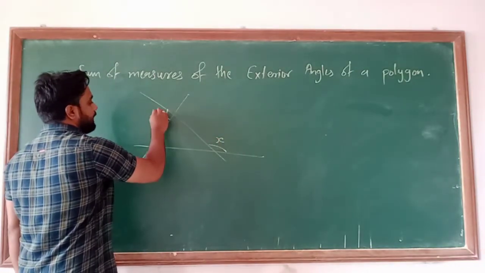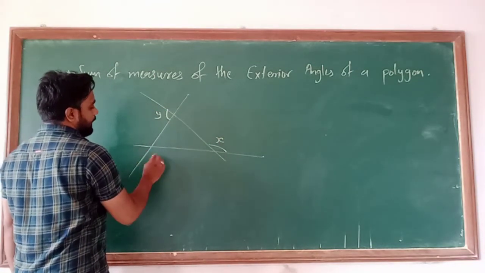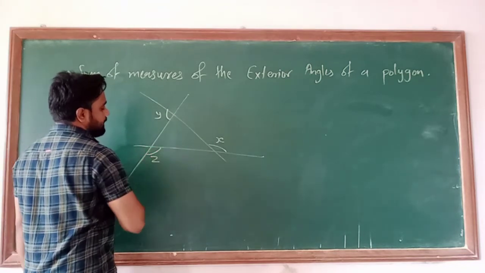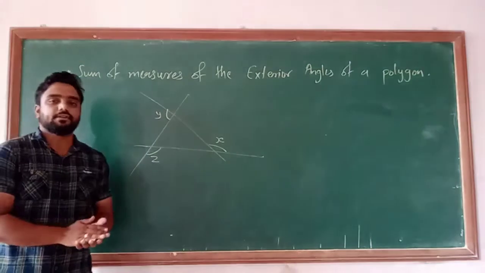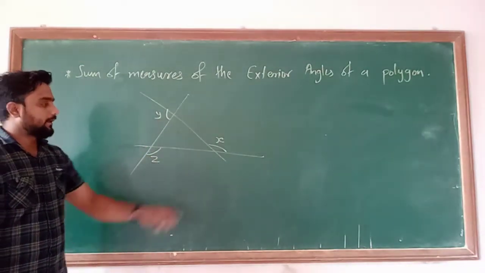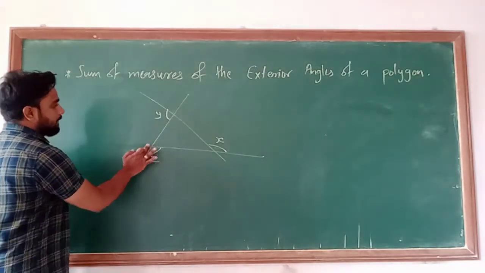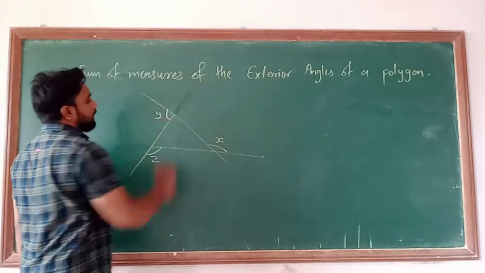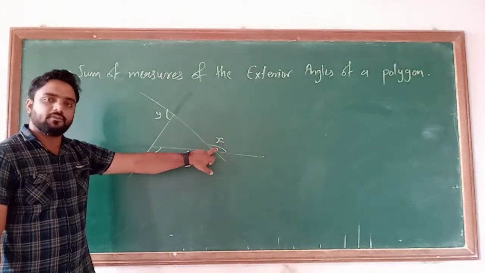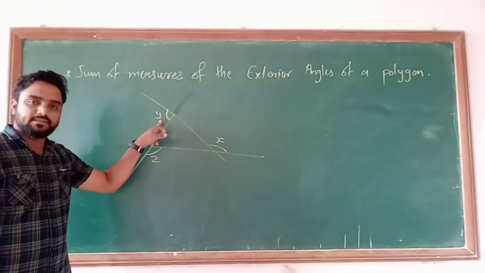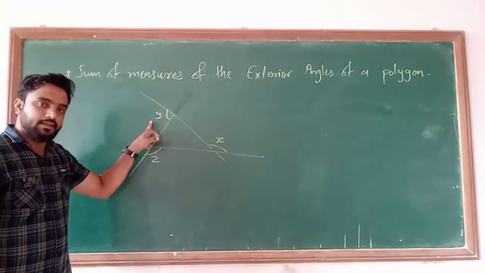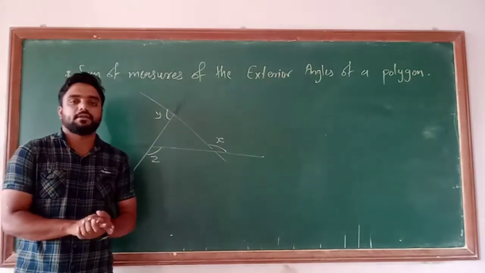If I am considering exterior angle y, and another exterior angle, here I have taken three exterior angles: y, then z, and this one is x. This is a triangle which has three exterior angles. The measure of one angle is x, the measure of another angle is y, and the measure of the third angle is z.